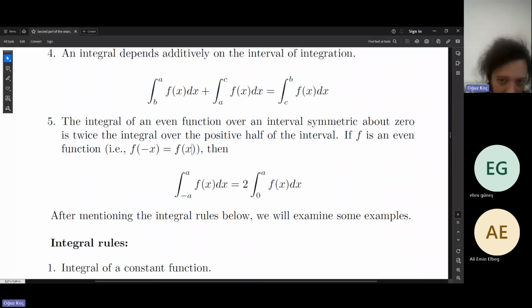An example of an even function is x squared. Whatever negative value you put into the function, you get a positive version of it. Therefore, we say that it's an even function. When f of x is an even function, we can apply this property.